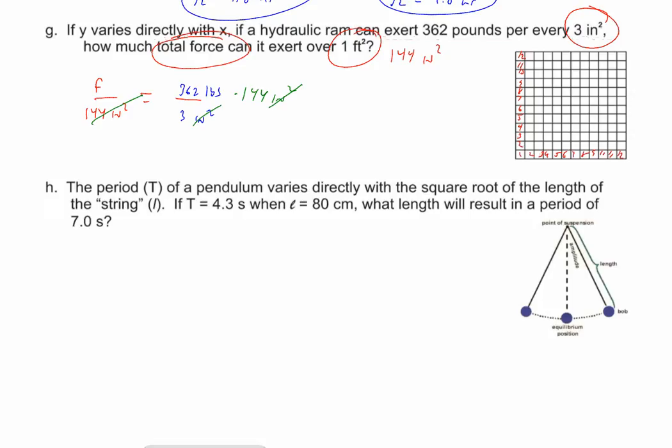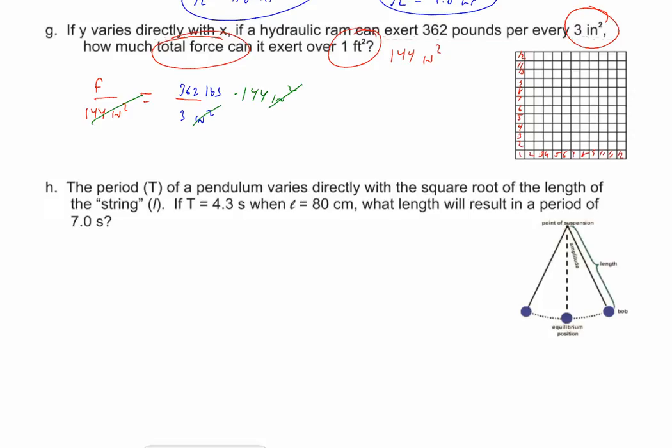If you wouldn't have known to change feet squared to inches squared, right now having your units in, you'd say to yourself, self, I have a problem. My units don't match. Of course, again, a lot of you don't bother putting your units in. And next year when you get to physics, oh well. So might as well learn it now. Use your units, they'll help you out.